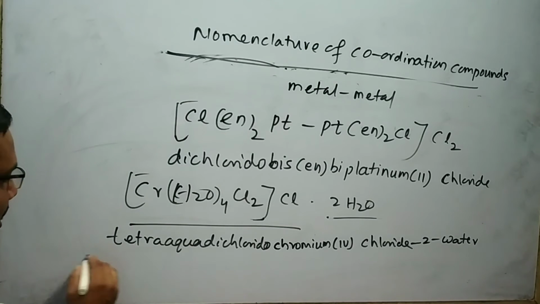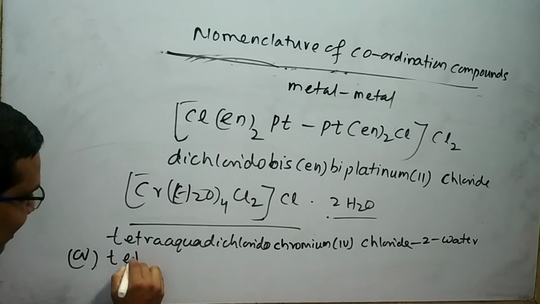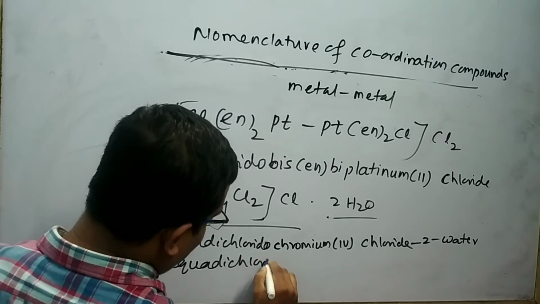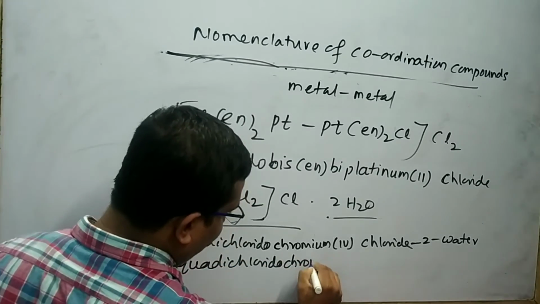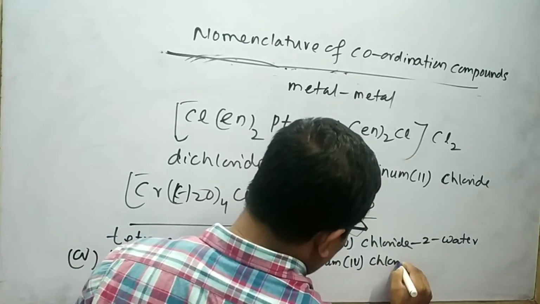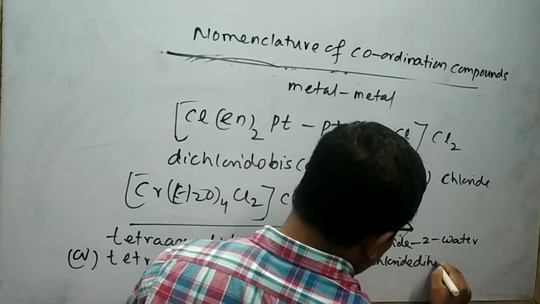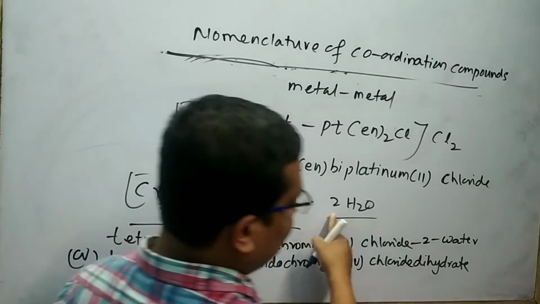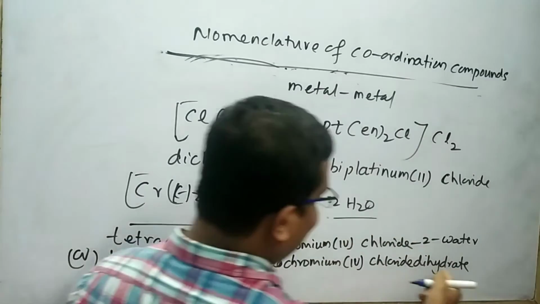It has also another name, that is tetraaqua dichlorido chromium IV chloride dihydrate. If there are 3 water molecules present, then I can write trihydrate.